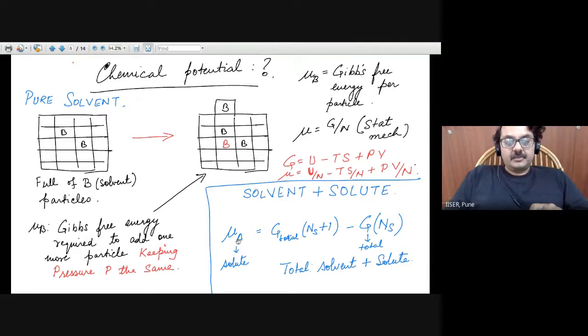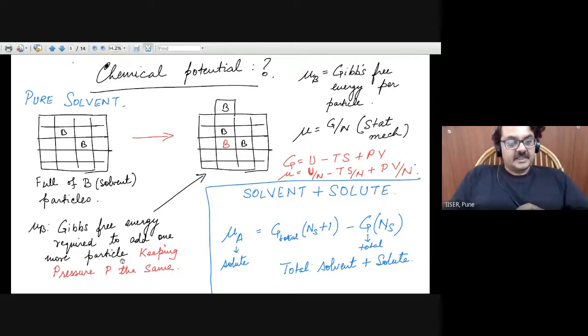So the chemical potential of A, which is the solute, is the Gibbs free energy of the total solvent plus solute, where there are Ns plus one solute particles, because you're introducing a solute particle, minus the Gibbs free energy of Ns solute particles in the lattice which has n sites, right?